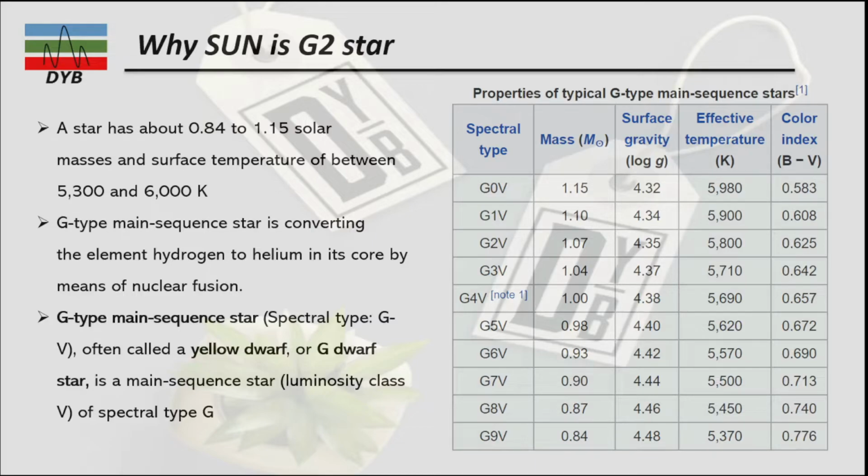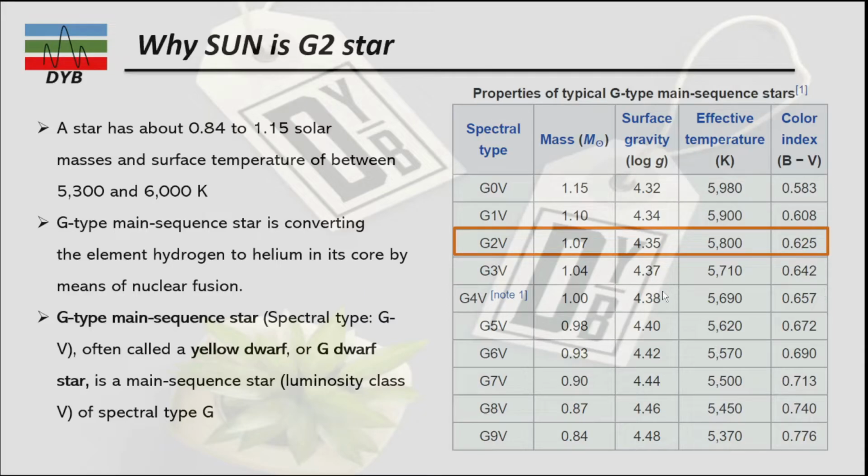And a G-type main sequence star, with a spectral type mostly G5, is often called a yellow dwarf or G dwarf star. It is also a main sequence star, with luminosity class V. So now when we look at here, all the principles followed by the sun fit this type: the spectral type is G2V, the mass is 1.07, the surface gravity is 4.35, the effective temperature of the surface of the sun is 5,800 Kelvin, and the color index is 0.625.